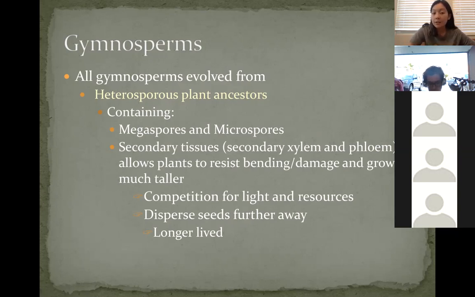They really didn't get that tall, but with secondary xylem and phloem, gymnosperms and angiosperms were able to get much taller. Because they were able to get much taller, they were able to get light a lot better, and that means more resources, more productivity as well. And since they were taller, they were also able to disperse their seeds farther away, increasing their chances of reproduction, and they were also longer lived because of secondary tissues as well.